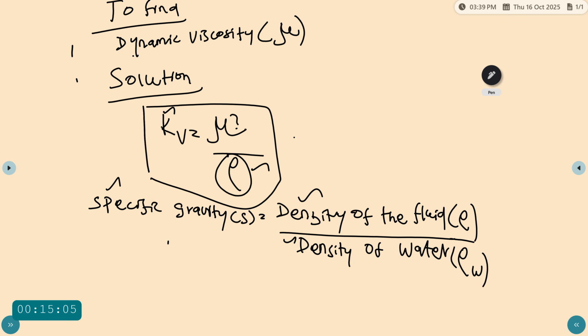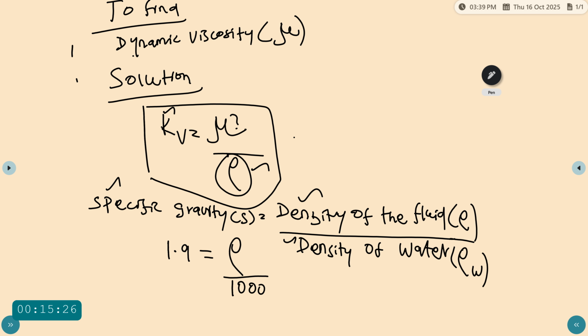What is the value of the specific gravity in this problem? 1.9 equals the density of fluid rho divided by the density of water. Density of water is 1000.